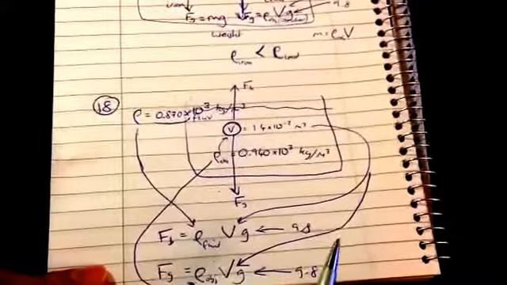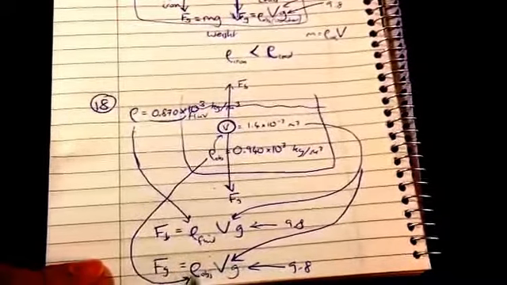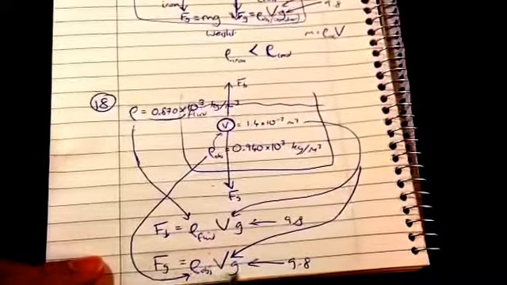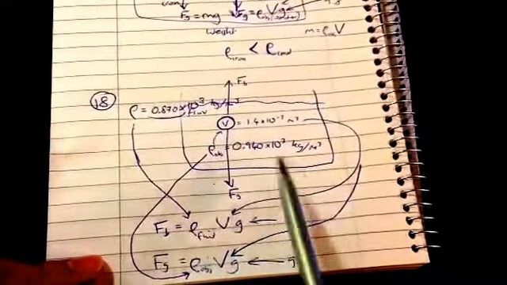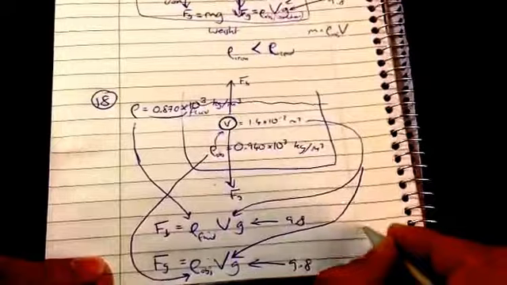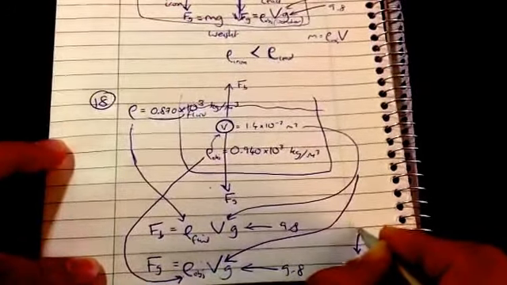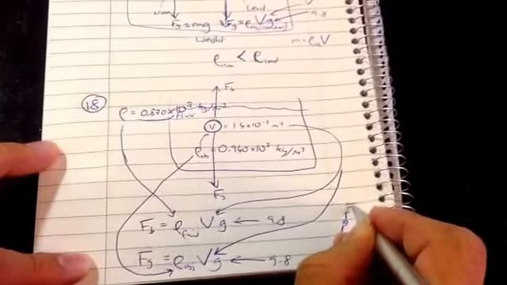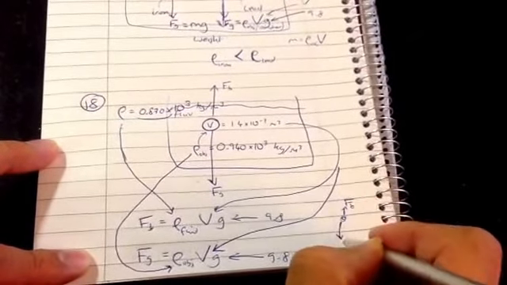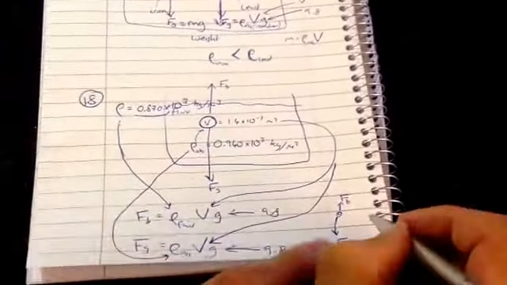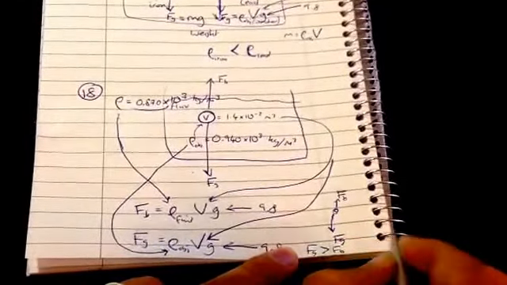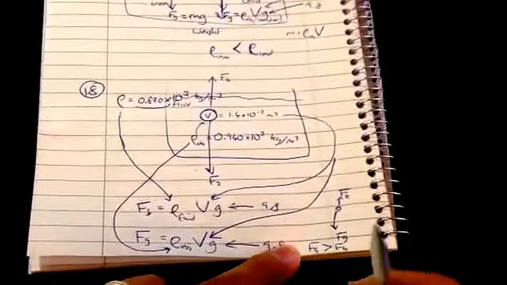And we can see that the gravity, the weight, will be a bigger number based on the density. This will be a bigger force. So because the weight, Fg, is greater than the buoyancy force, Fb, it will go down, it will sink.